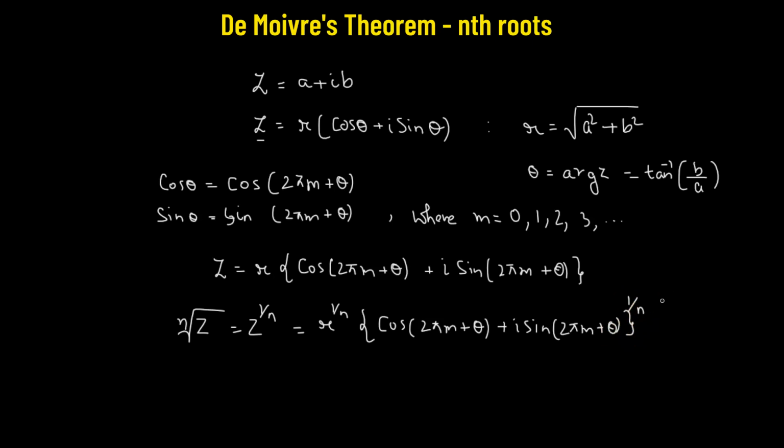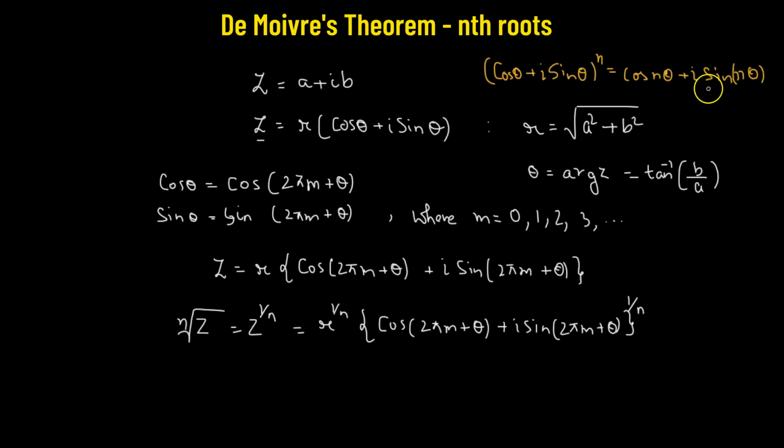Now we can use De Moivre's theorem. De Moivre's theorem states that whenever we have cosine theta plus iota times sine theta raised to the power of n, this becomes equal to cosine of n theta plus iota times sine of n theta.